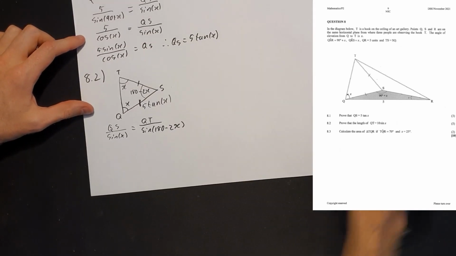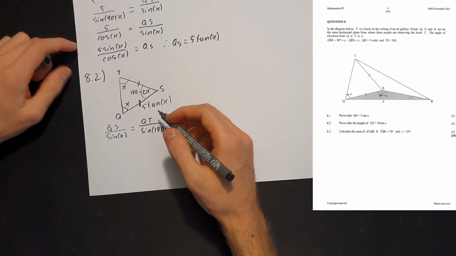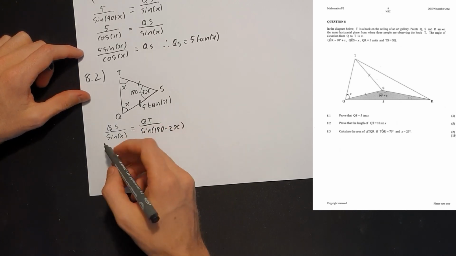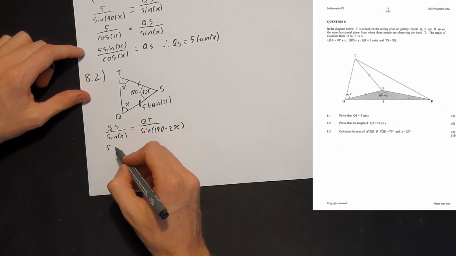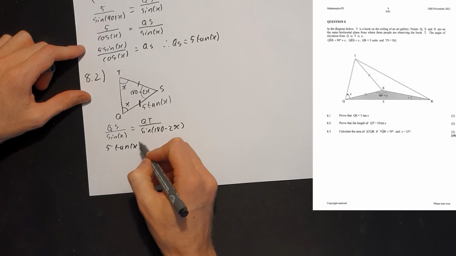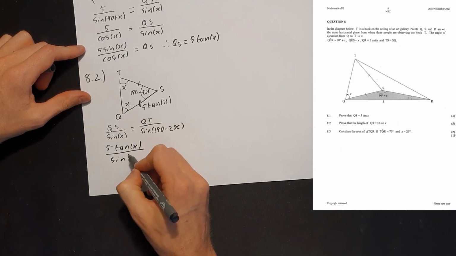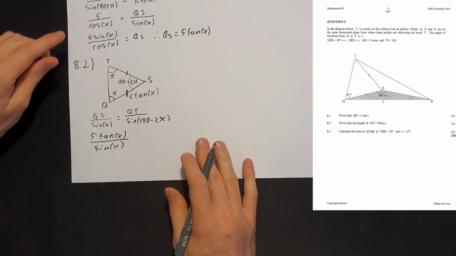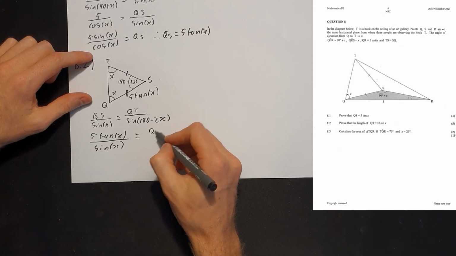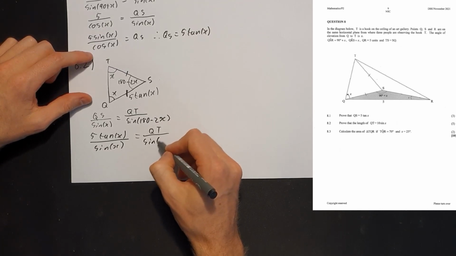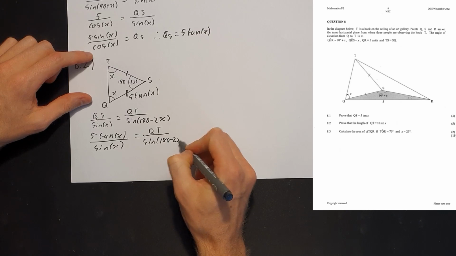Now if we sort this out, QS is equal to 5 tan X, so we have 5 tan of X all over sine of X, and that's still equal to QT all over sine of 180 minus 2x.